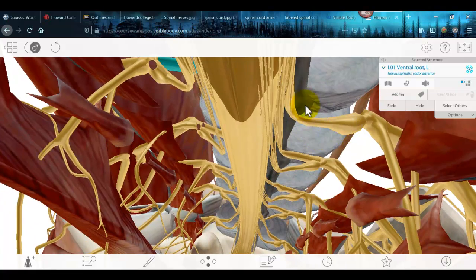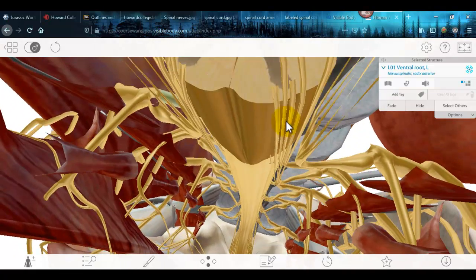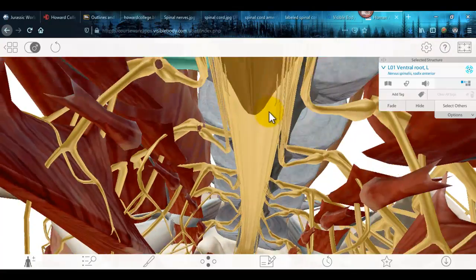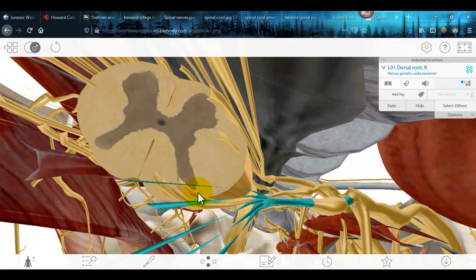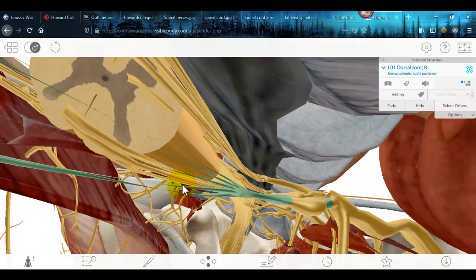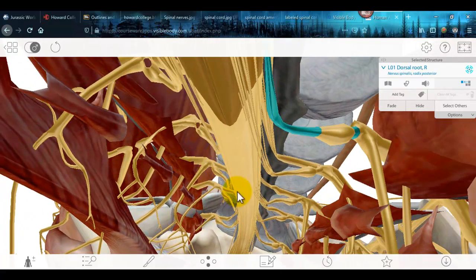And then coming off, and this may not be necessarily this segment, but right here, all those parts of a spinal nerve. There's the dorsal root ganglion, there's a dorsal root, you can see it's coming in the back, and then off the front, it looks like that one I had taken off, but right there's the ventral root.